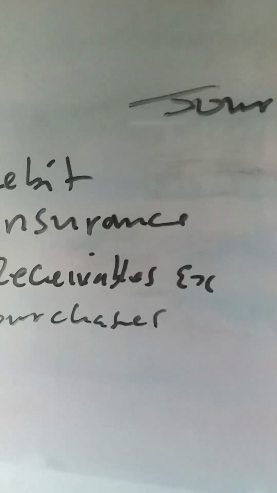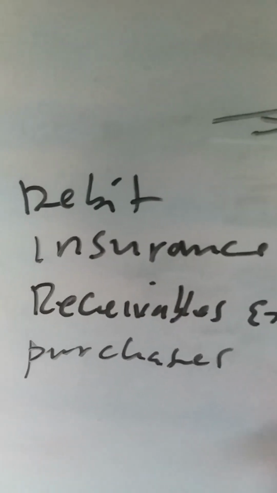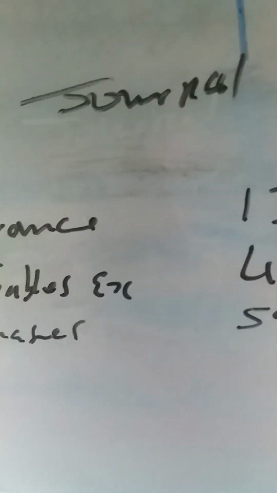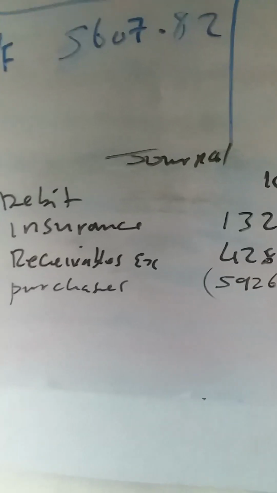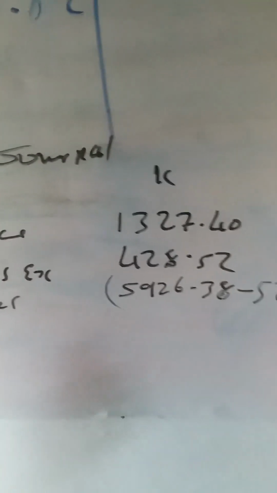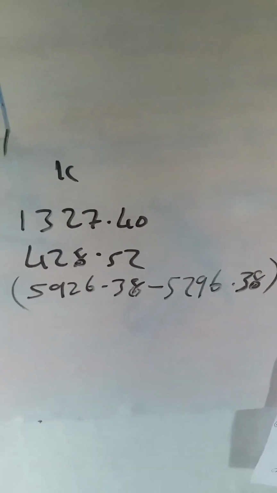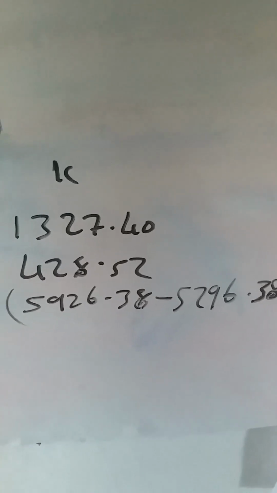The amount is 5926. Okay, so the purchases figure will be 5926.38 minus 5296.38. This is the difference of the transposition which happened.